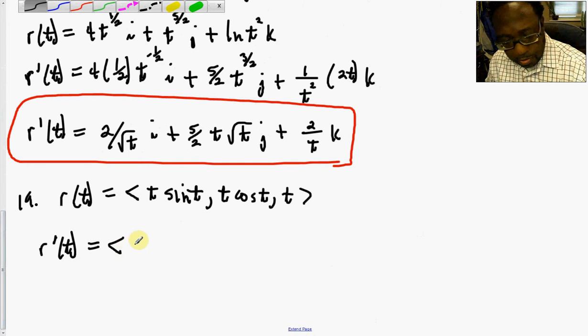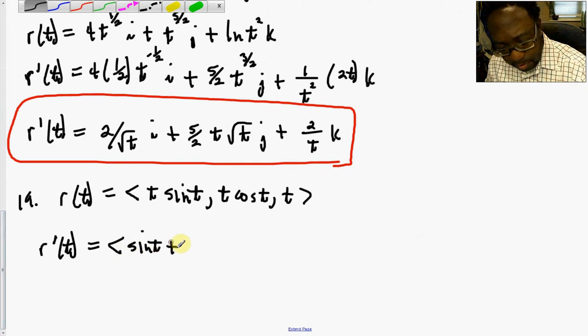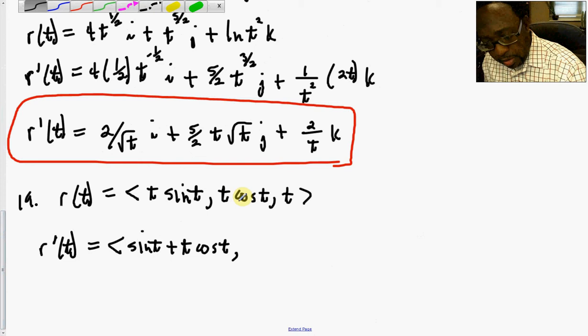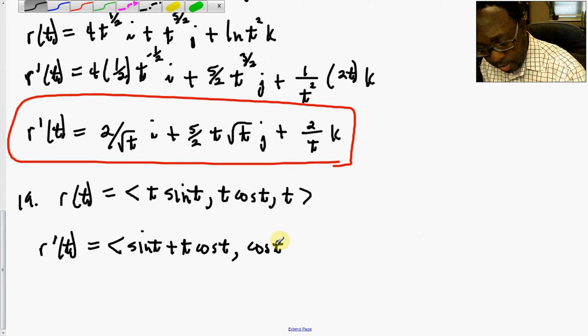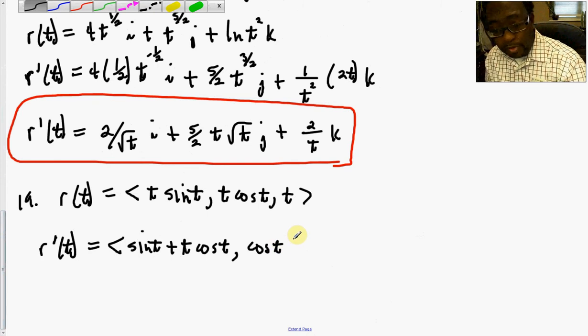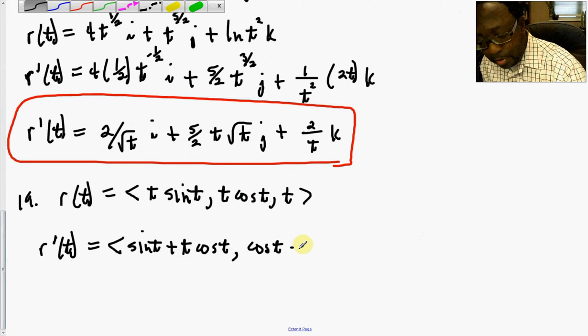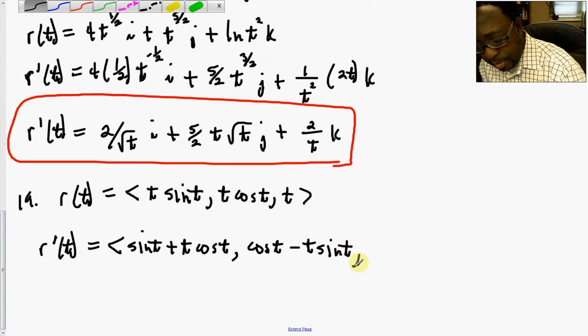The derivative of the first is 1 times the second, sine t, plus the first times the derivative of the second, t cosine t, comma, again the product rule for this: the derivative of the first is 1 times the second, cosine t, plus the first times the derivative of the second, which is negative, so this is negative t sine t, comma, the derivative of t is just 1.